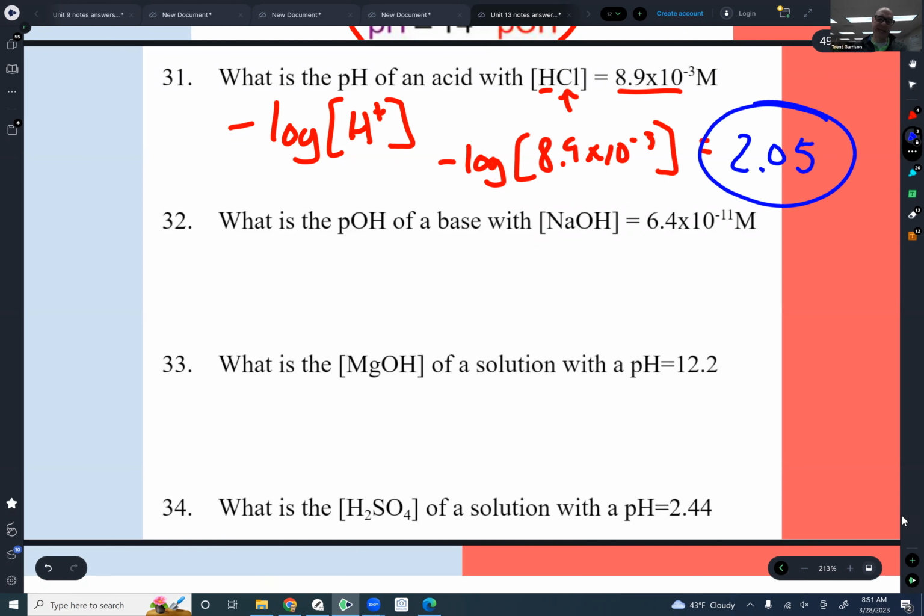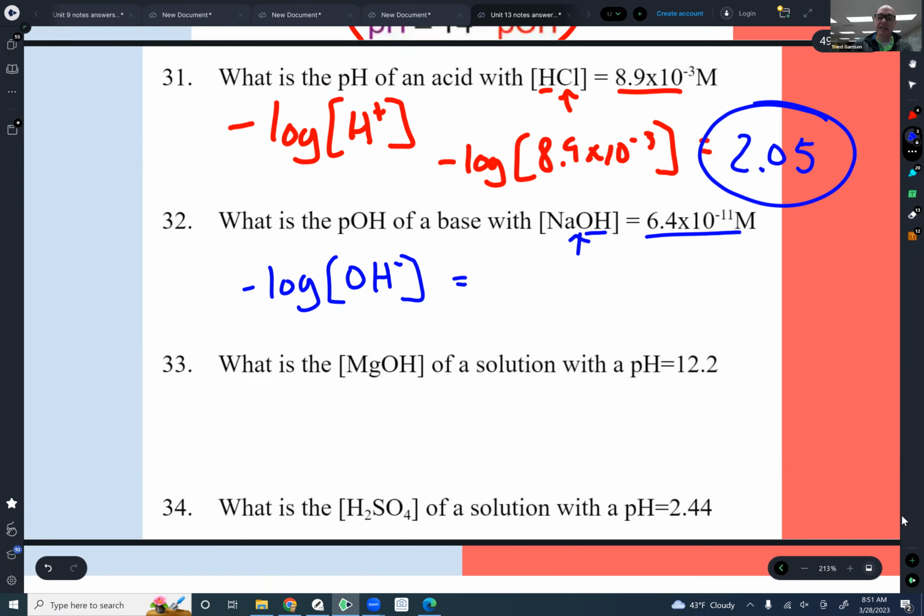No units on pH. Now let's go the opposite way. How would we calculate this as the pOH? Well, you would do the exact same thing. The formula, however, is not hydrogen that you're measuring, it's the hydroxide. This is a strong base, so it is going to dissociate completely.